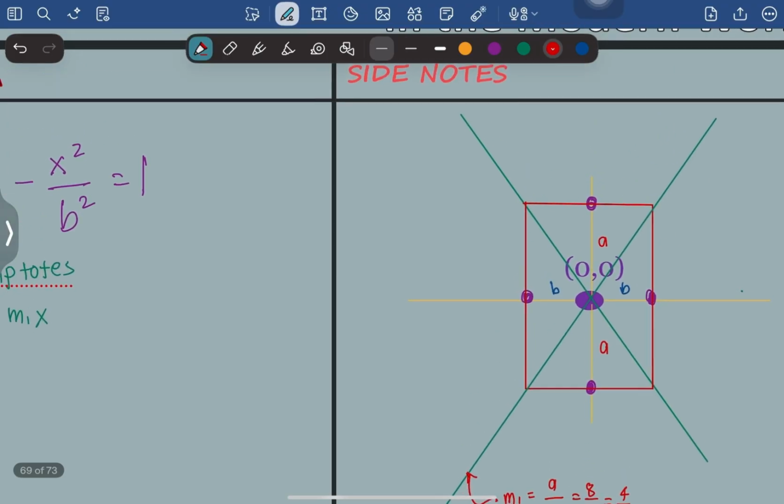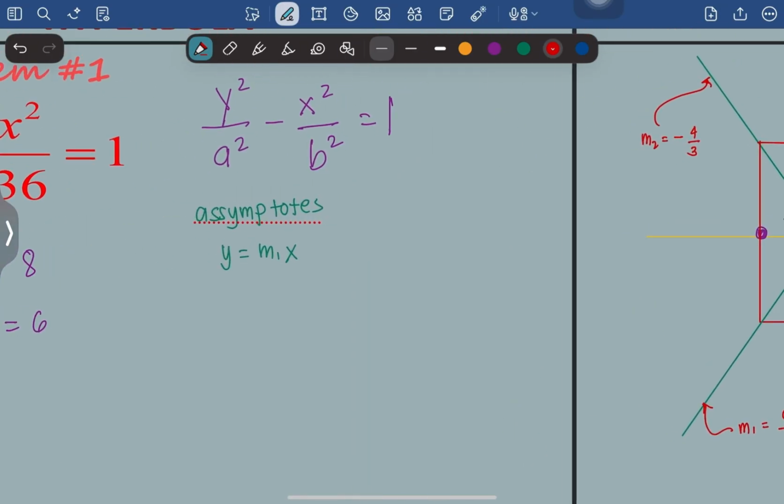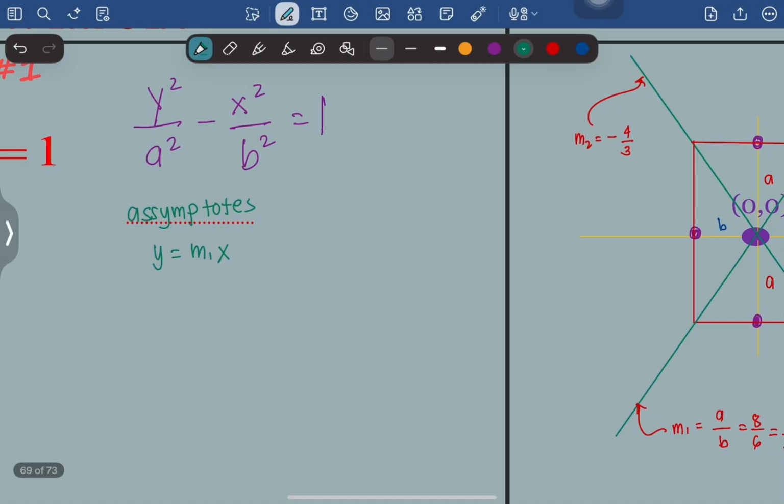Then for the other asymptote, since it is going downward, so same lang yung numerical value but negative lang. So 4/3. So basically this is the equation.